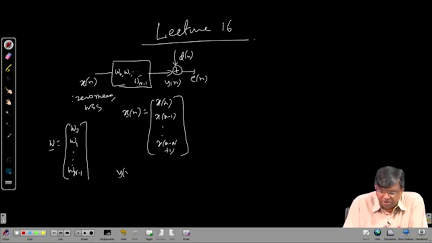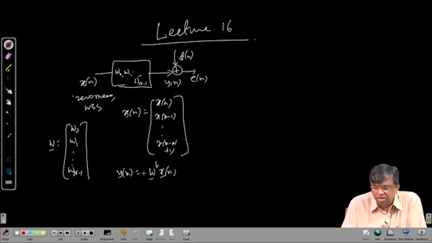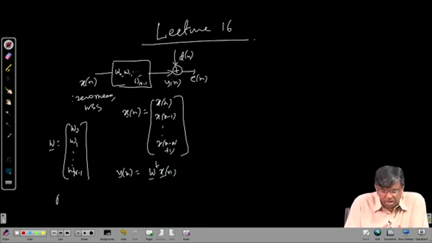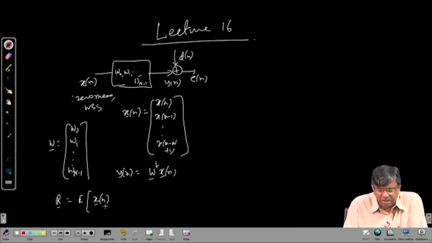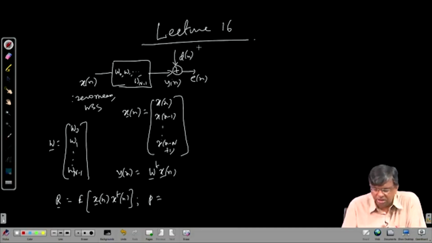Y n we have seen is W transpose x n. Then R matrix is the input autocorrelation matrix. Because of WSS nature of x n, all the samples were independent of n, and the cross correlation vector, again x n and all its samples and d n and all its samples, they are jointly stationary.